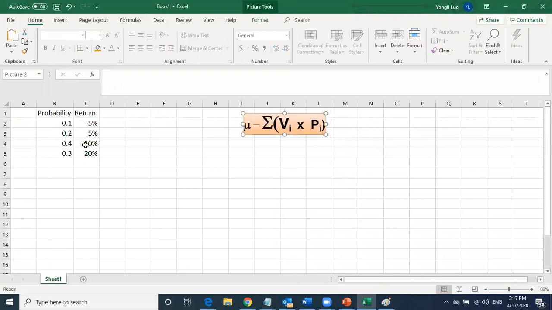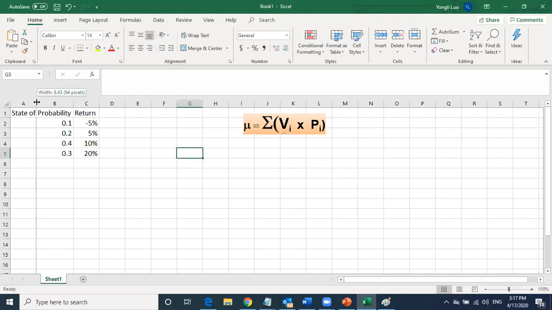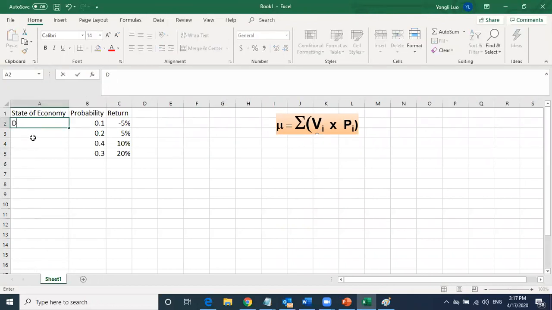This is very convenient for calculating expected return. This is the state of economy: the economic downturn, where they go down, zero growth, no growth, moderate growth, and this is high growth.